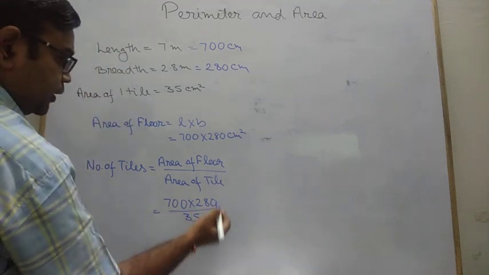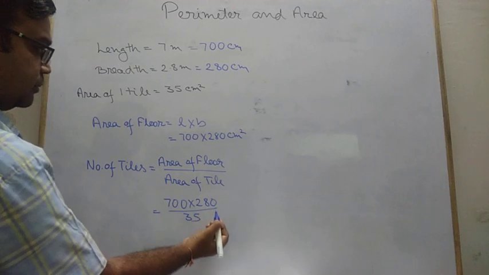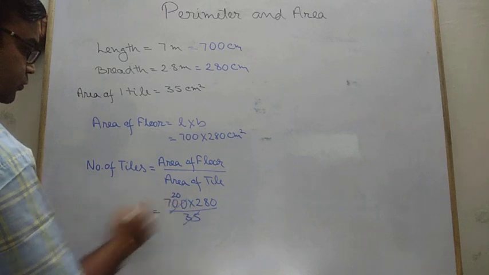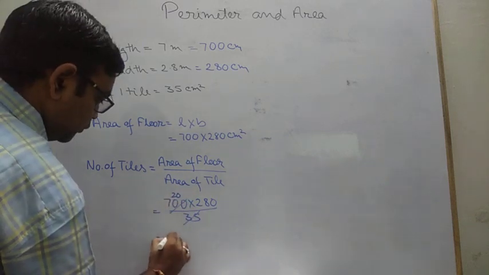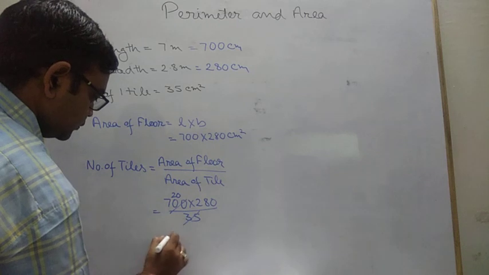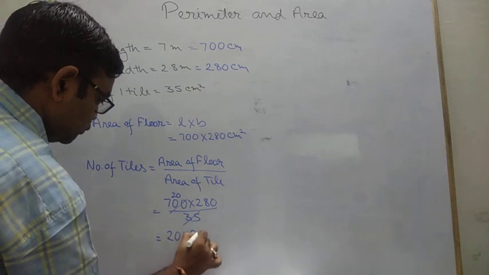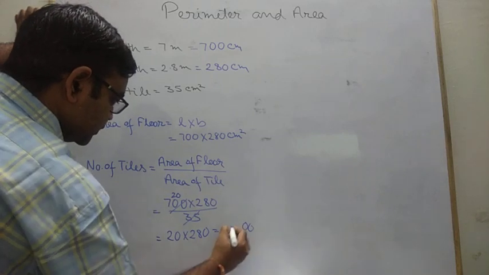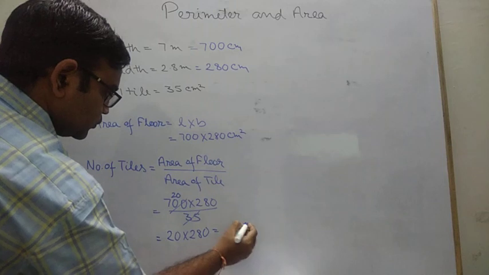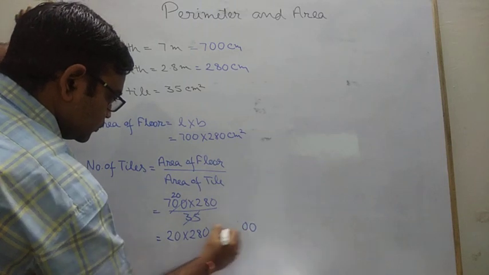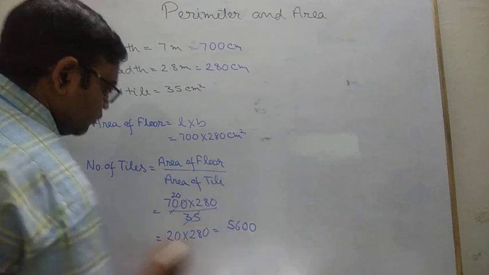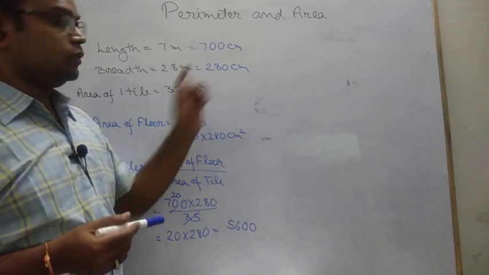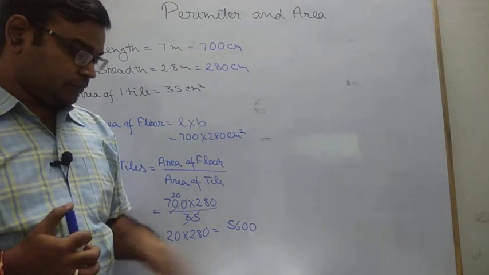All are in centimeter square, so centimeter square cancels each other. 35 into 20 is 700, so ultimately we have 20 into 280. It's a double 0. 28 into 2 is 56. So 5600 tiles are required to cover this room or this area.